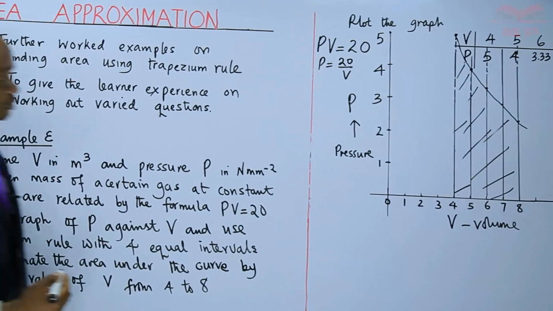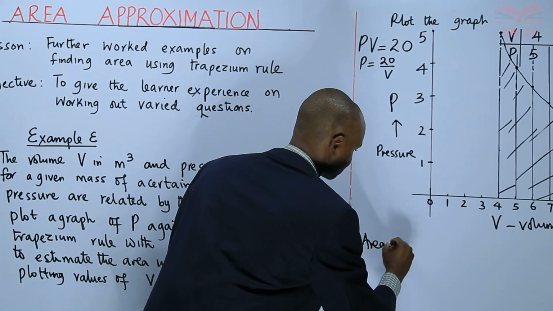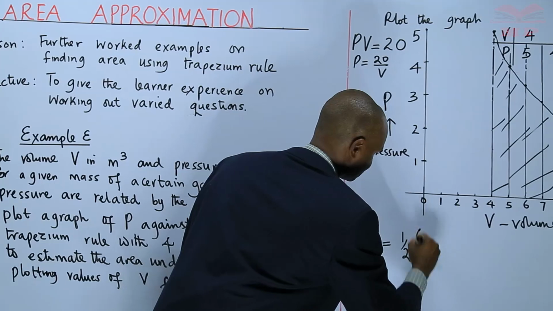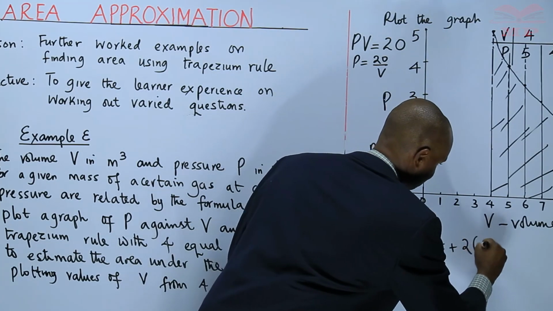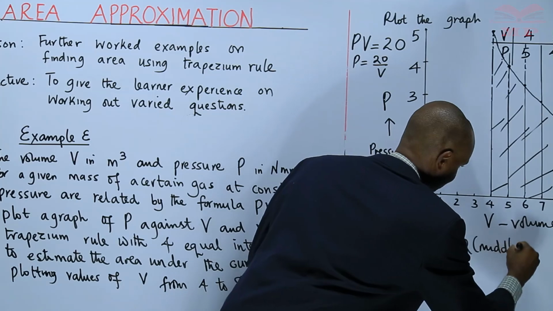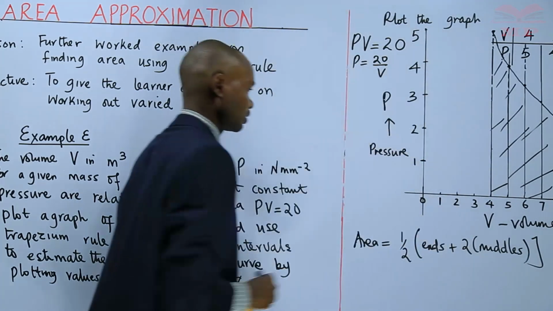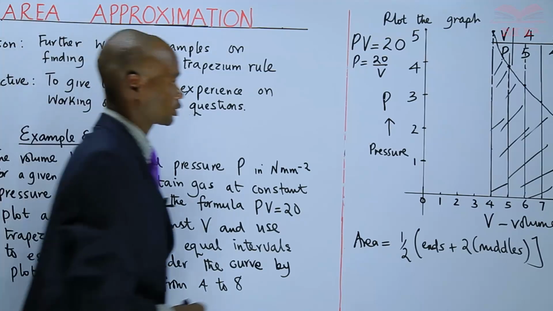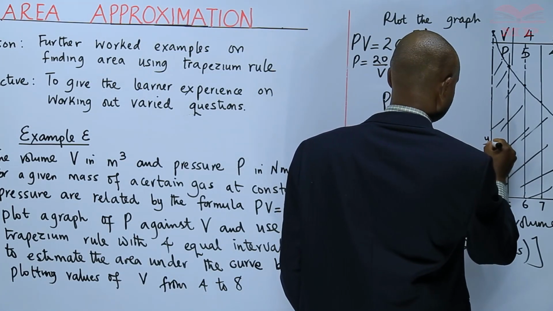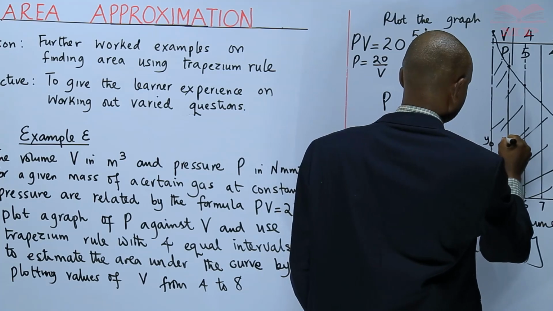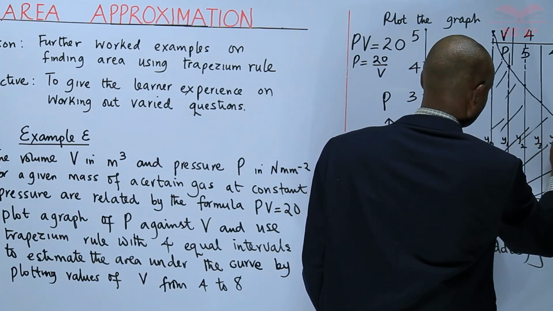So area, as we've seen, it is a half ends plus twice mid-loos from what we've been getting from the trapezium rule. So you'll take this one as y0, y1, y2, y3, y4.